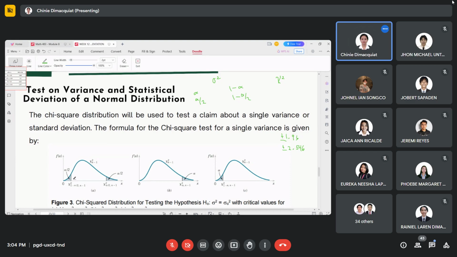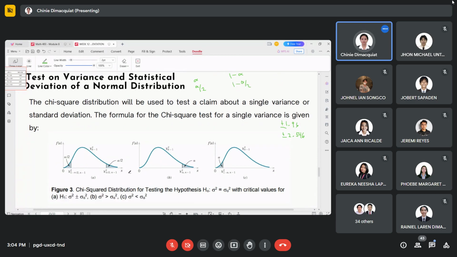For two-tailed, 1 minus alpha over 2, and the other is alpha over 2. For right-tailed, alpha. For left-tailed, 1 minus alpha. So the basis for getting our critical values changes.